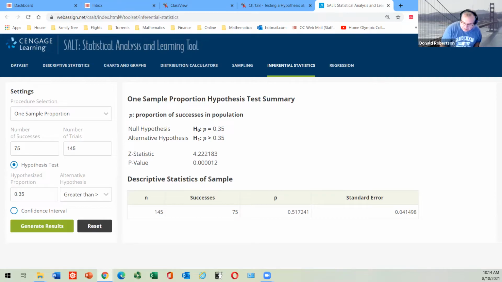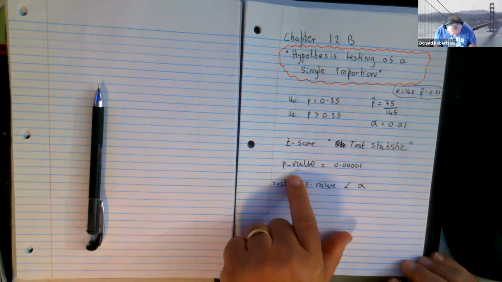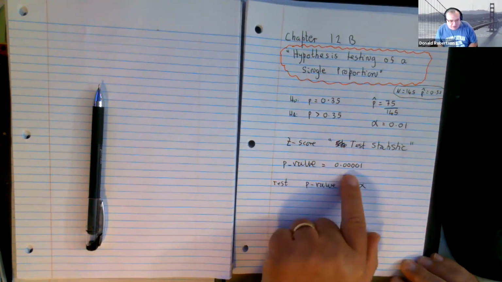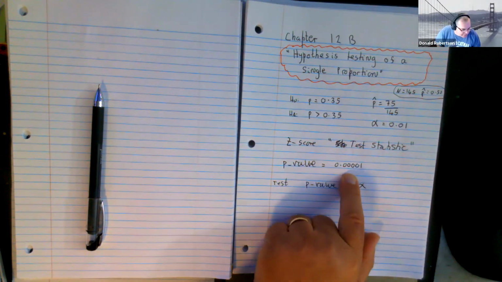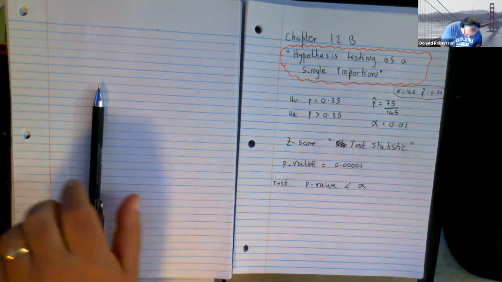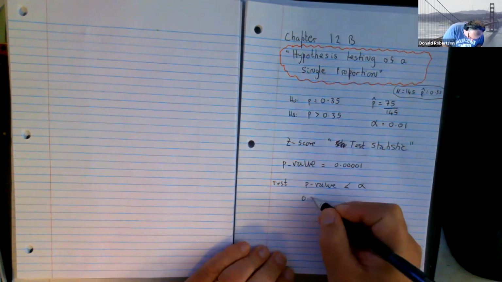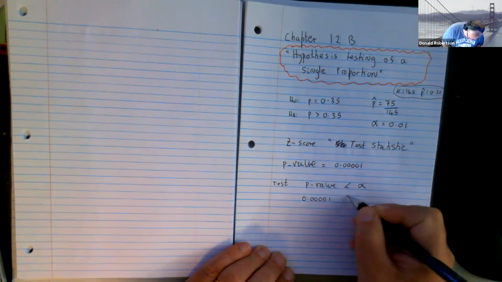I'll now go in here and show you what that would look like on paper. Right. We got the p-value. Would you agree that is tiny? Very, very small. So is this less than this?